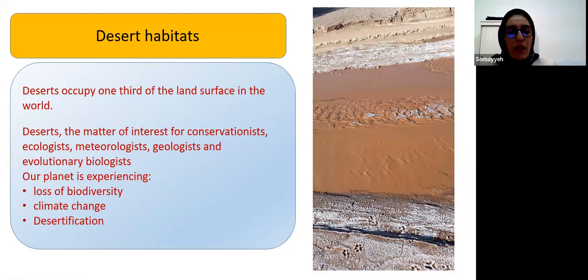As you may know, our planet is experiencing very bad issues of loss of biodiversity, climate change, and the transformation of lands to desert, which is called desertification.